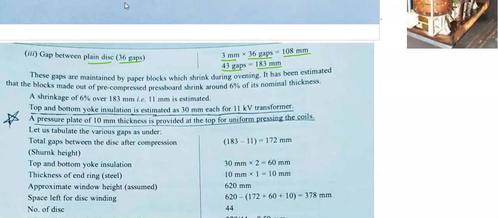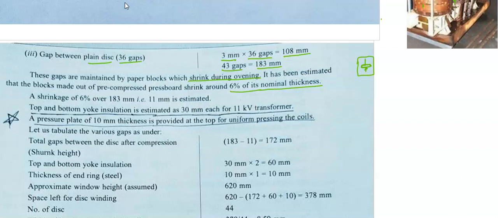These gaps are maintained by paper blocks, which shrink during oven drying. We put this insulation in ovens, compressed insulation, right? What will happen is it will compress some thickness, because the moisture will go away from the insulation and it gets compressed. It will shrink 6% of the nominal thickness.